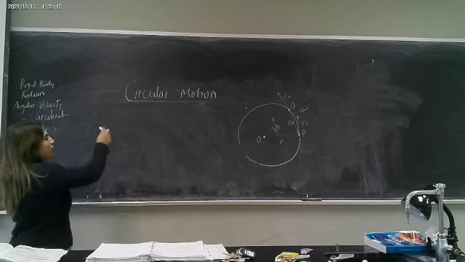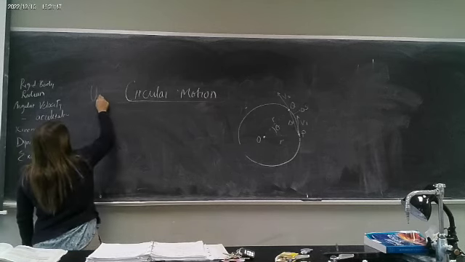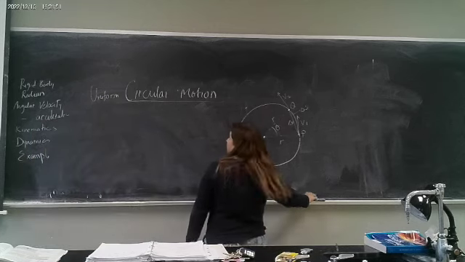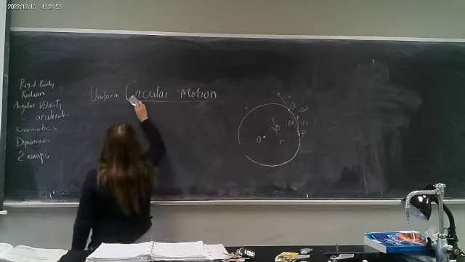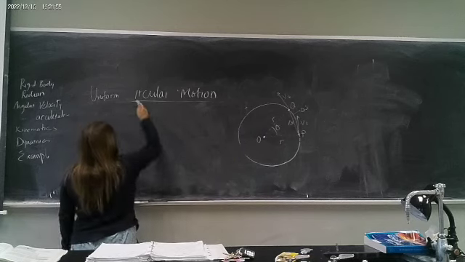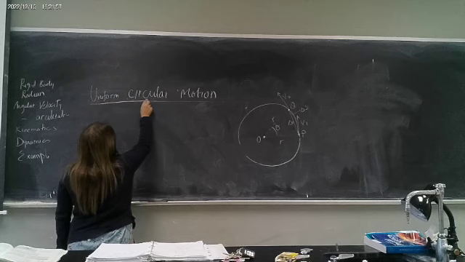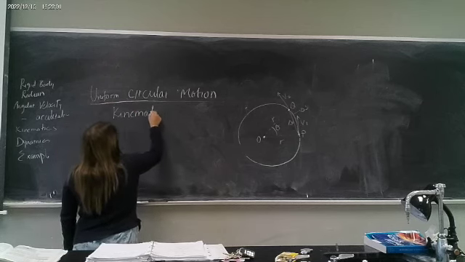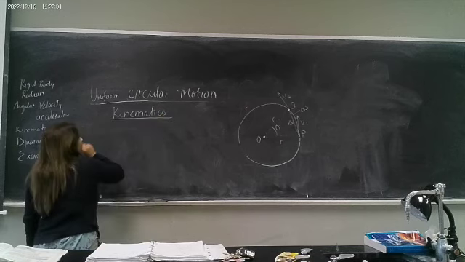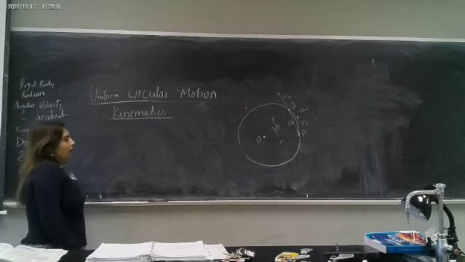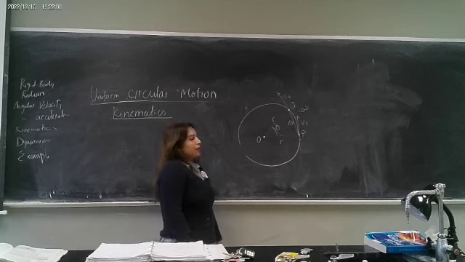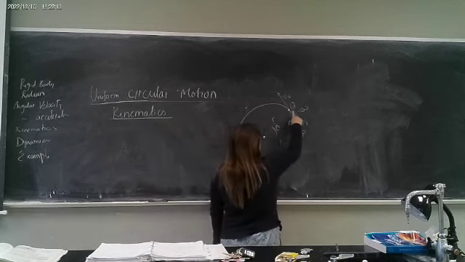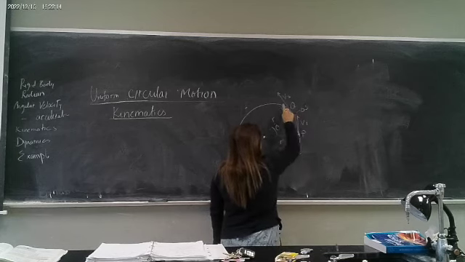Now we are going to work with uniform circular motion and the kinematics involved in that. As I already described, the velocity at each point would be along the tangent.